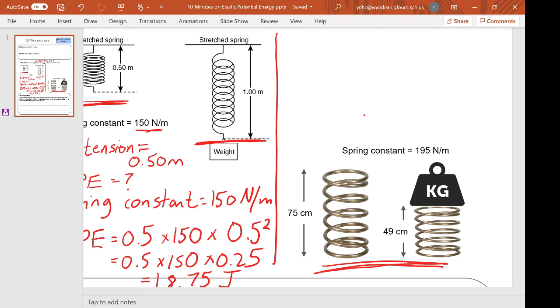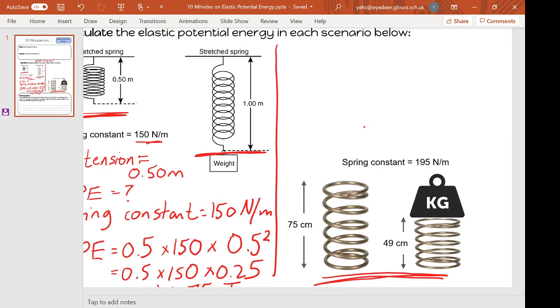Instead of just being an extension, we're just going to use the change in length still. So the extension this time, the change in length, is it went from 75, got squished down to 49. So the change in length is just going to be 75 minus 49.